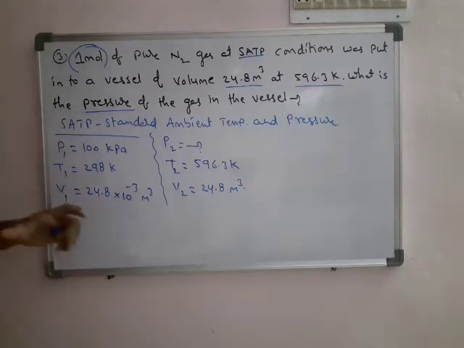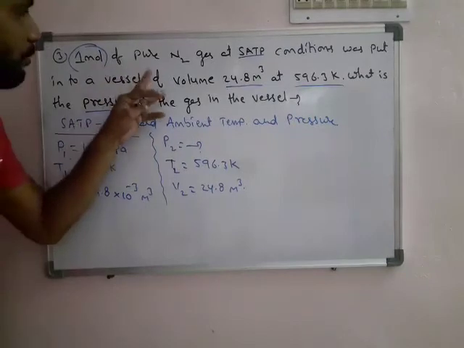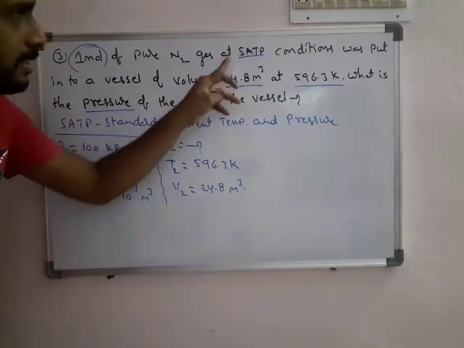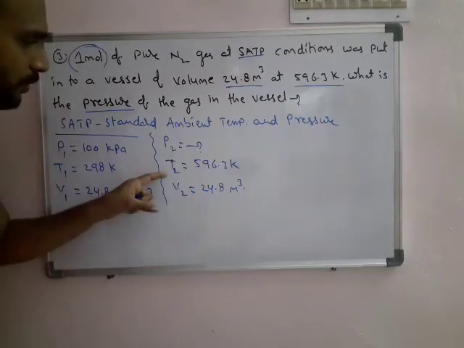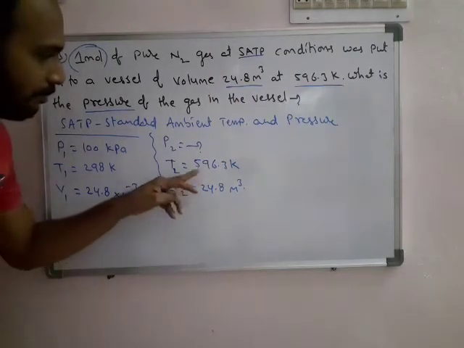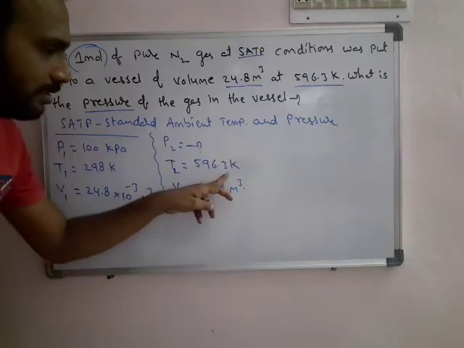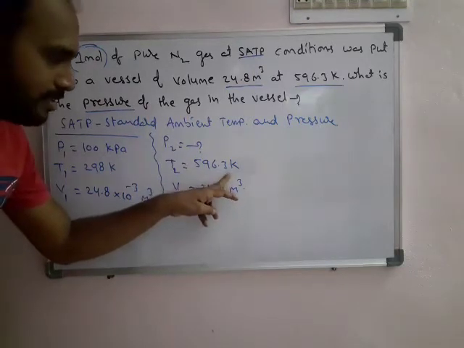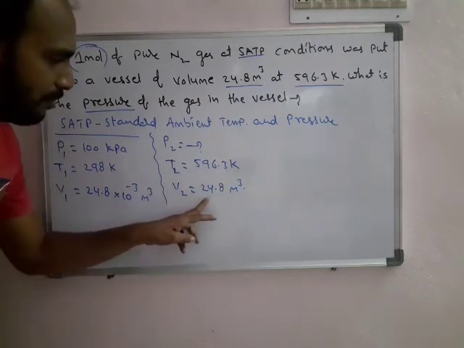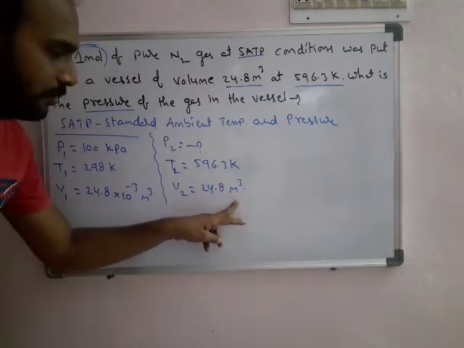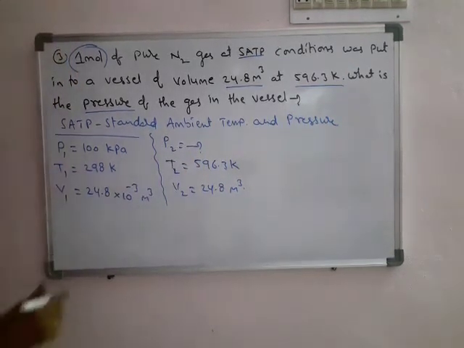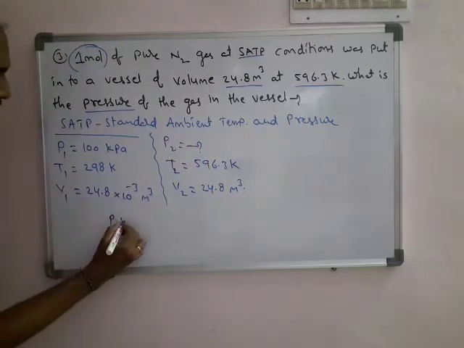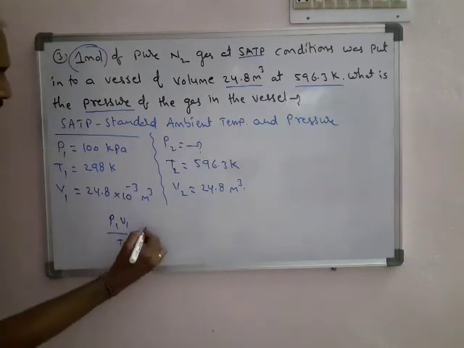Means here the problem is 1 mole of pure dinitrogen gas at SATP is transferred to a vessel present at 596.3 Kelvin. So at this temperature its volume becomes 24.8 meter cube. Then what will be its pressure in the second vessel? Remaining same just like the earlier problem.